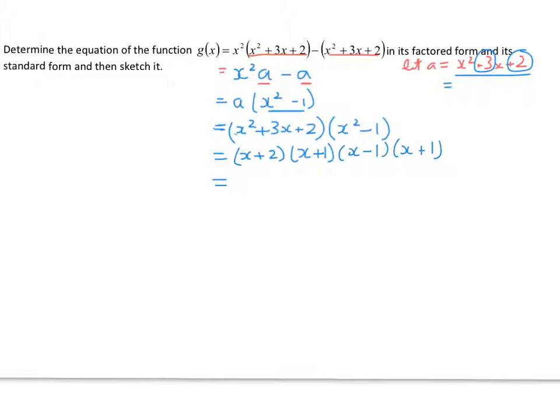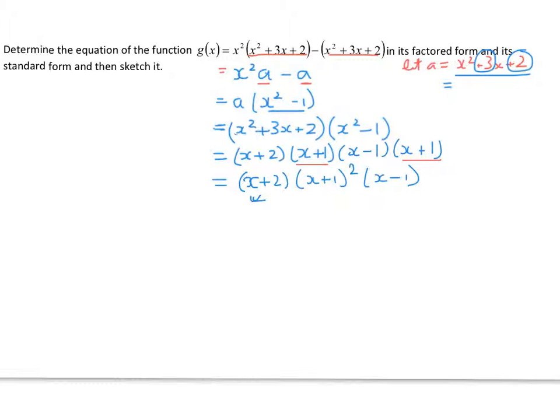I notice that I have an x plus 1 here and an x plus 1 here, so I actually could write that as an x plus 1 all to the exponent of 2. The reason I want to do that is because I know at that x-intercept, with an order of 2 there, I'm going to bounce off the x-axis at that value of x.